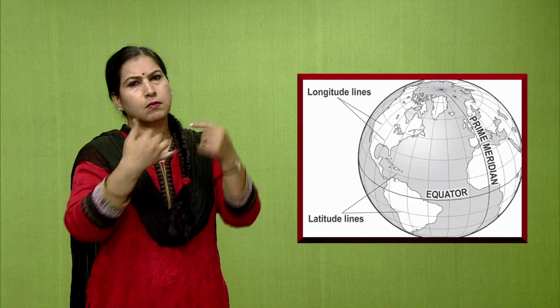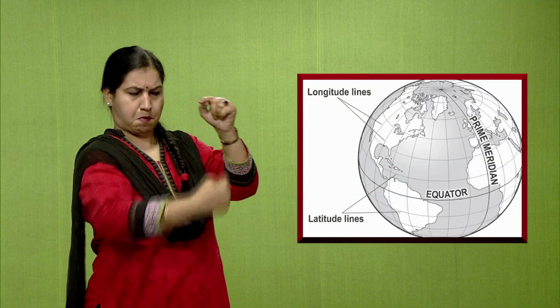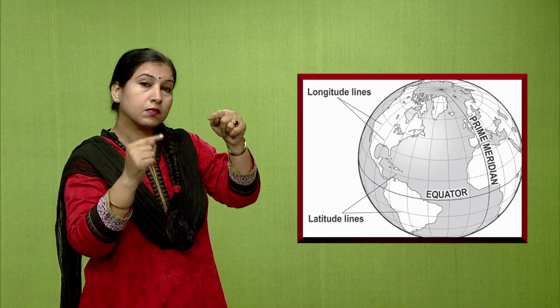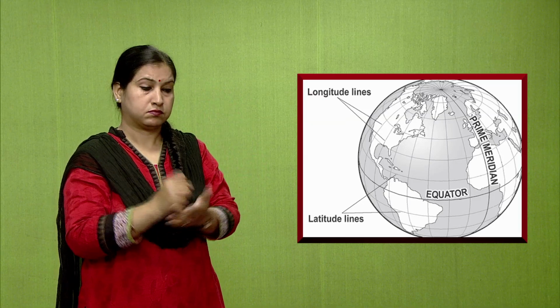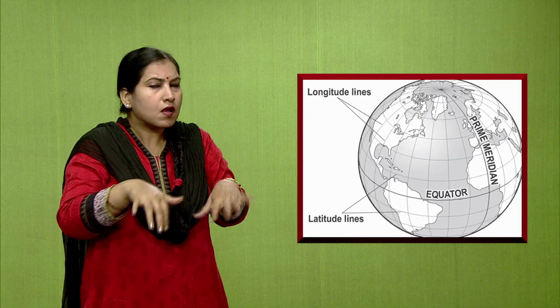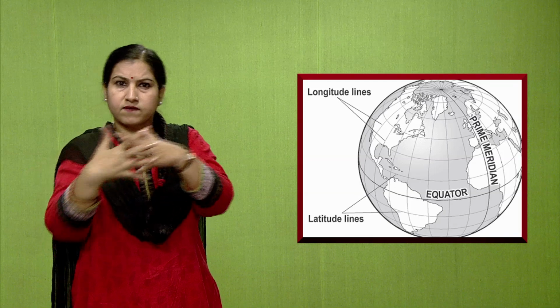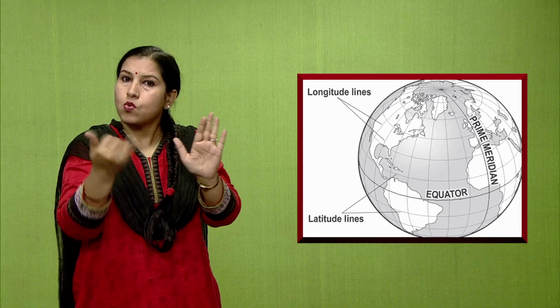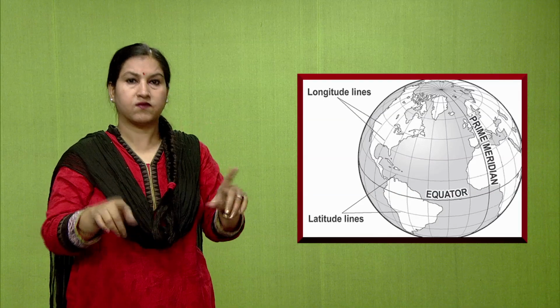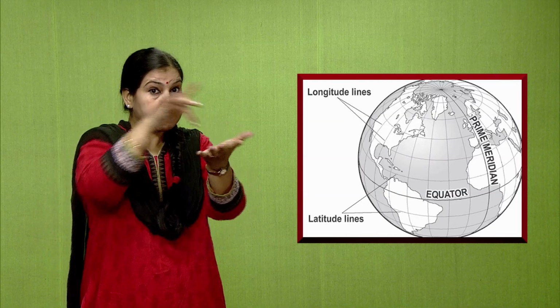All the other latitudes and longitudes are understood in reference to these two standard lines and are explained in terms of degrees, as we can see in any absolute location figures.